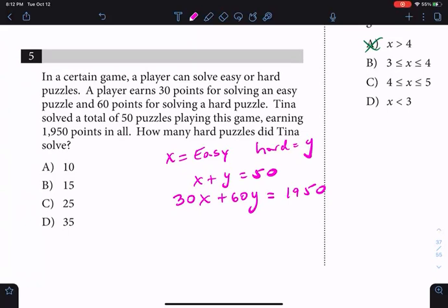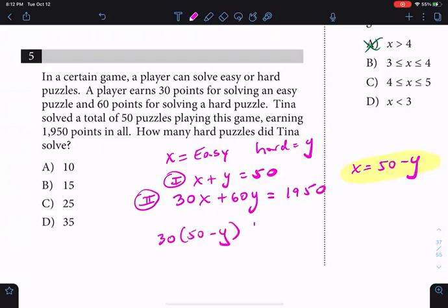So let X equal 50 minus Y using substitution, right? I'm using the first equation, and I'm going to plug that into the second equation. So this is going to be 30 times 50 minus Y plus 60Y equals 1950. So this is 1500, and this is going to be minus 30Y, and this is going to be plus 60Y, and this is going to be 1950.